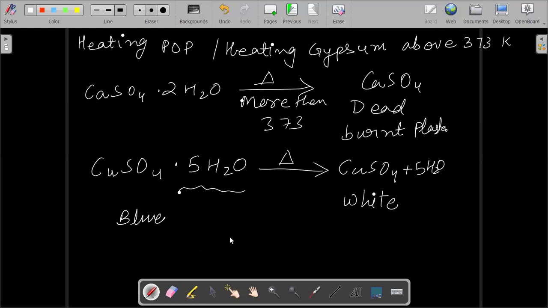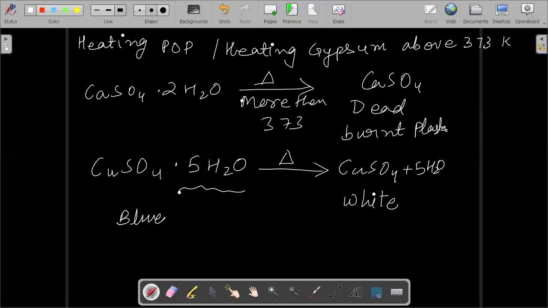So a color change will be obtained, from blue to white. Also, the crystals will break down into powder, so you will get a powdery substance. And if you add water to it, you will again get a blue colored solution. Got it, everyone?